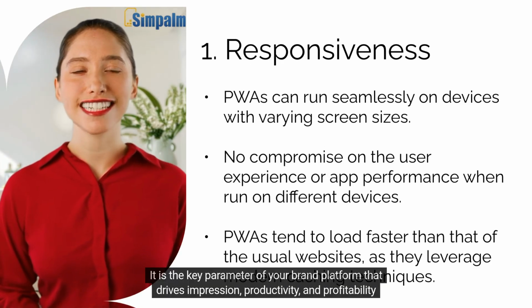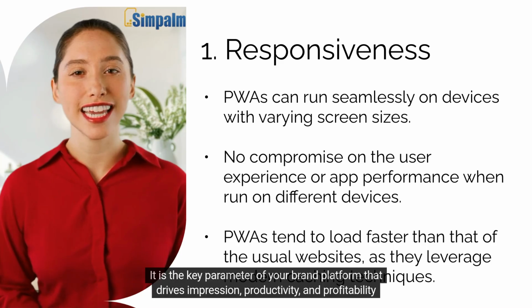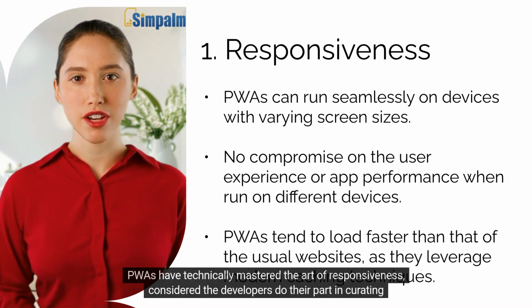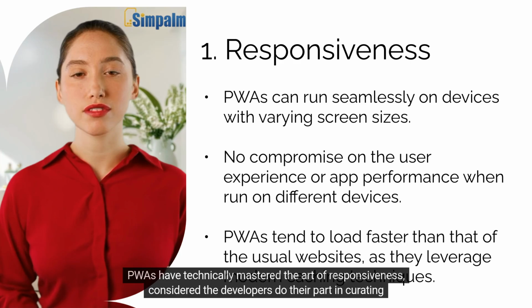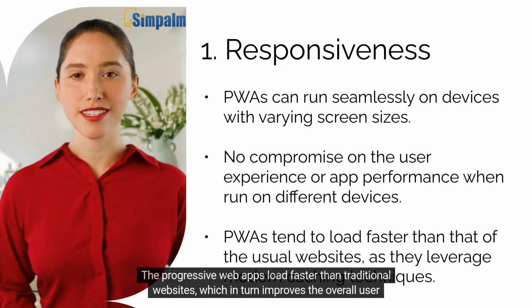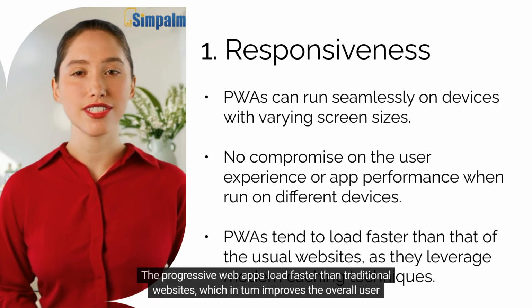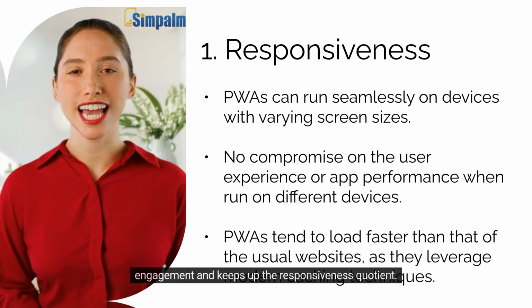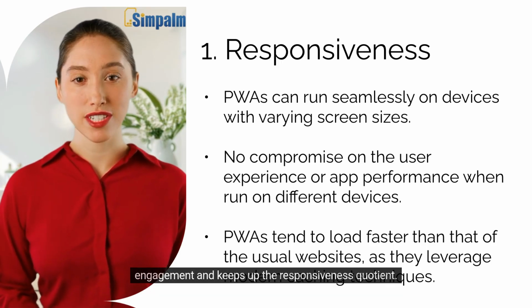Responsiveness. It is the key parameter of your brand platform that drives impression, productivity, and profitability through users. PWAs have technically mastered the art of responsiveness, considered the developers do their part in curating them. The progressive web apps load faster than traditional websites, which in turn improves the overall user engagement and keeps up the responsiveness quotient.